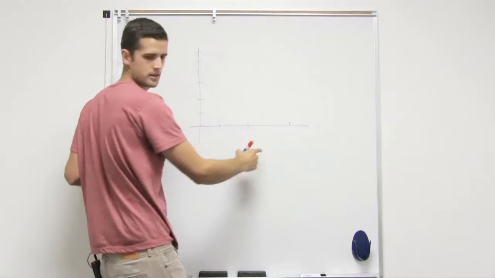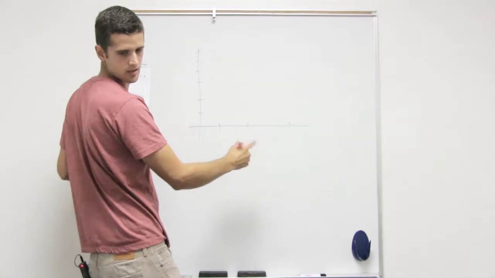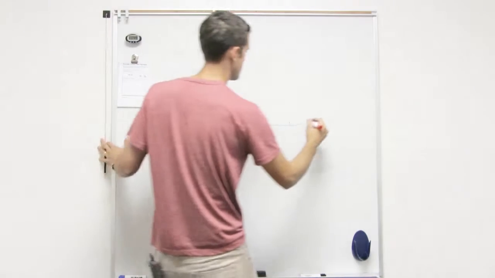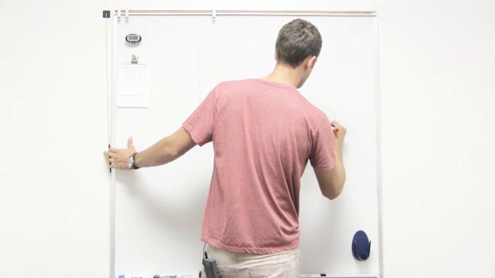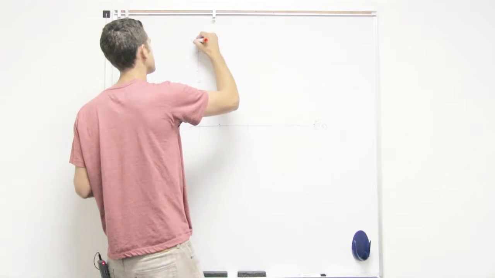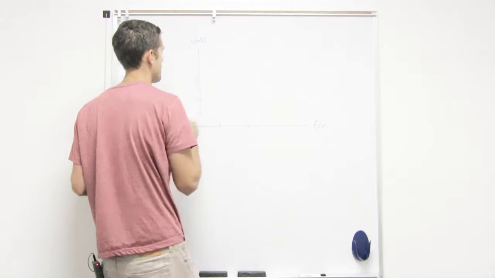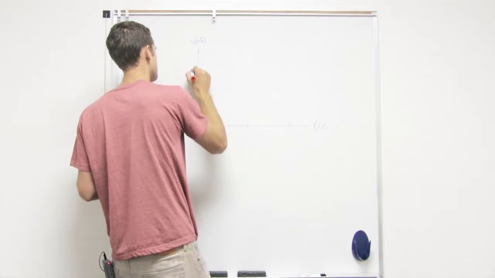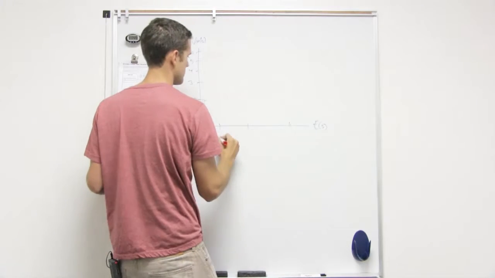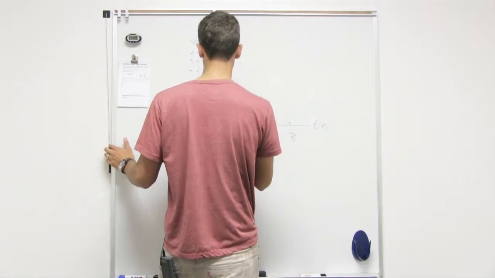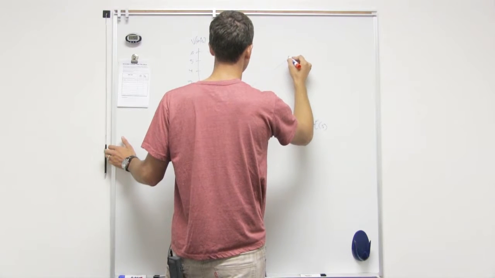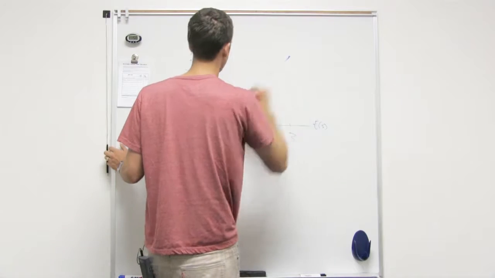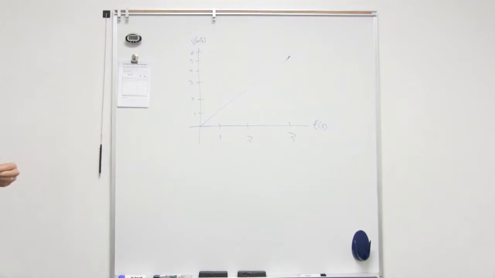That's 3 seconds, right? Yes. So this is time, time in seconds. This is velocity in meters per second. 1, 2, 3, 4. And it's just a straight line like this, sort of.